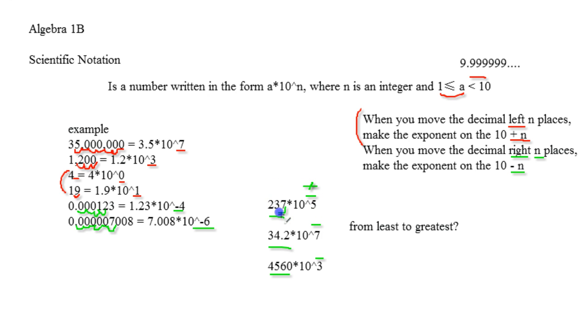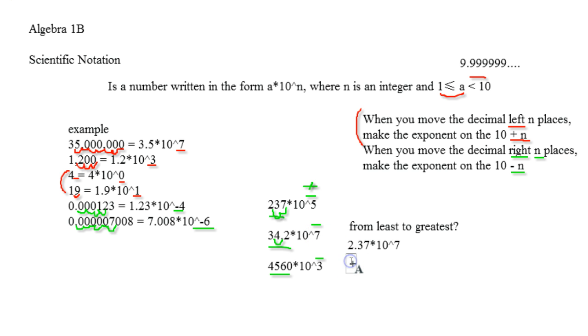On this one we move it twice to the left, so we add 2, and this number becomes 2.37 times 10 to the 7th. On this one, I'd be moving the decimal 1 place to the left, so I'd only be adding 1 here.